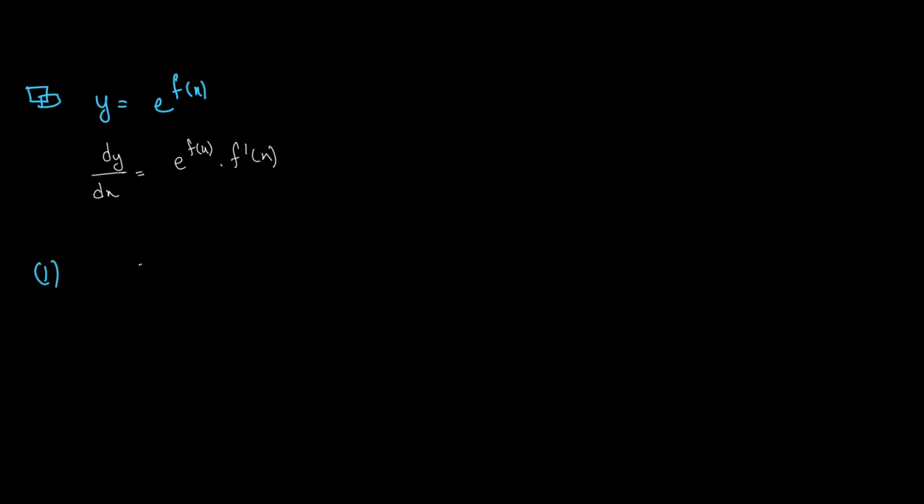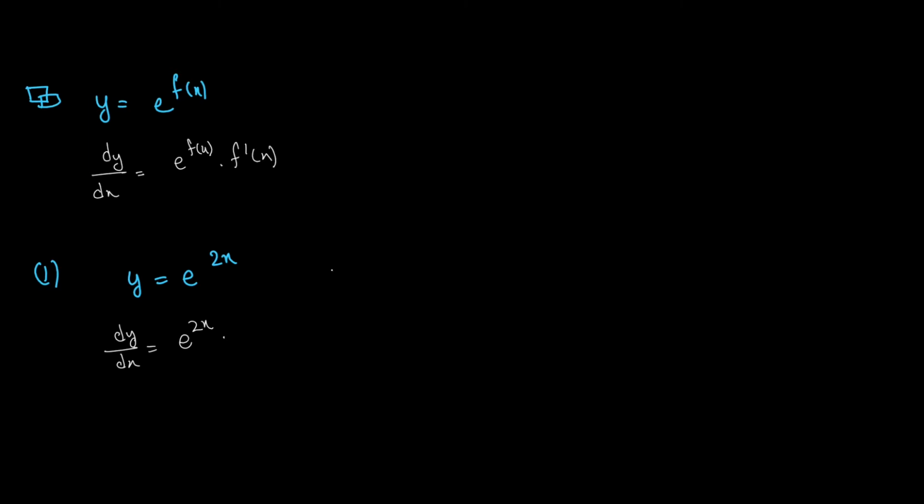For our first math we have y equals e to the power 2x. If you compare this with the general formula, here 2x is basically f(x). Now let's do the math. If we differentiate this expression with respect to x, we will get e to the power 2x, and then in our second step we have to differentiate this 2x with respect to x.